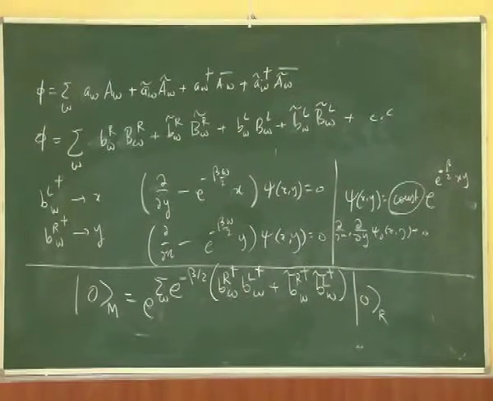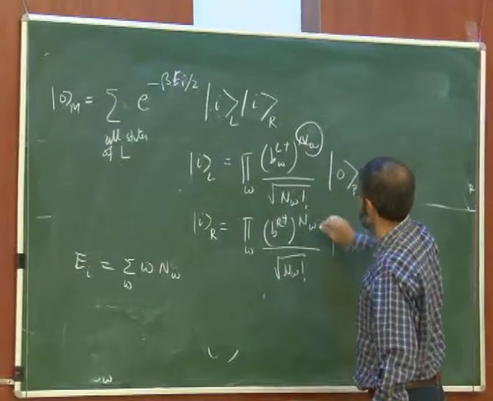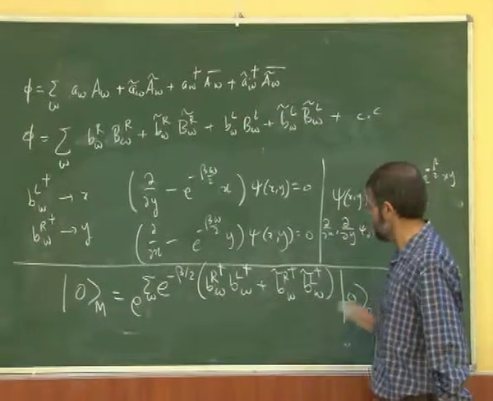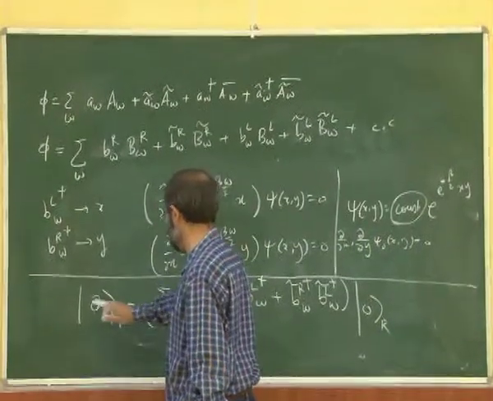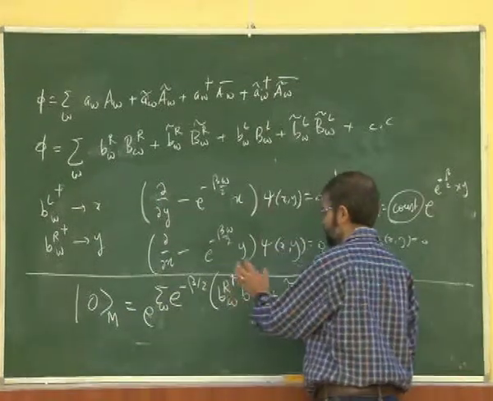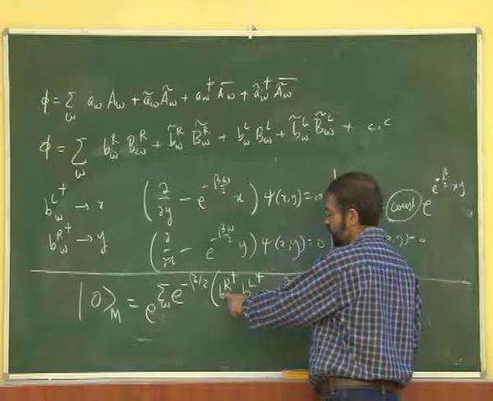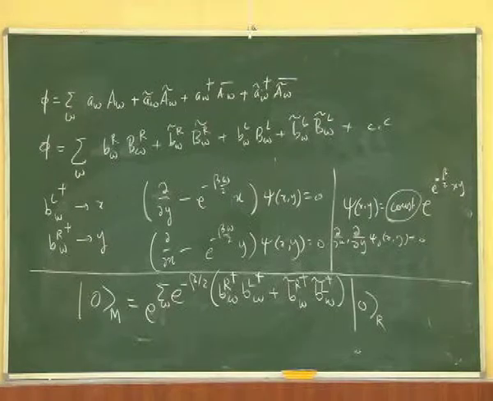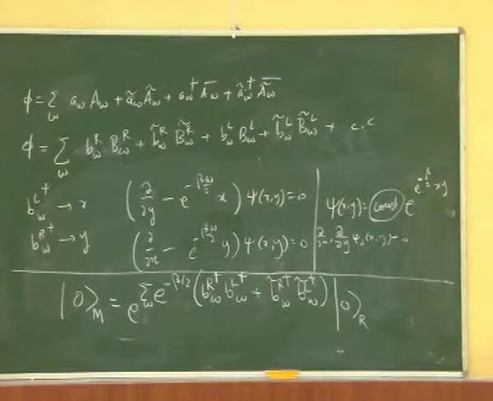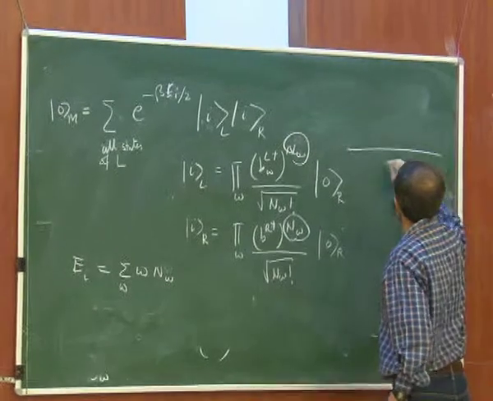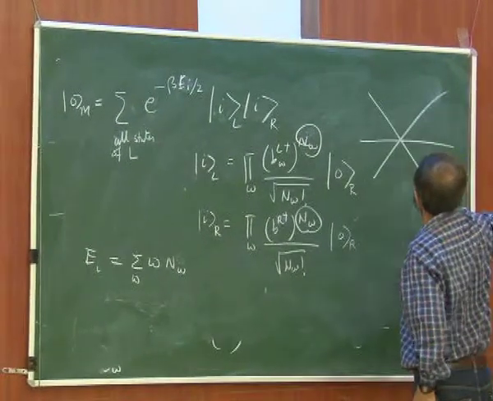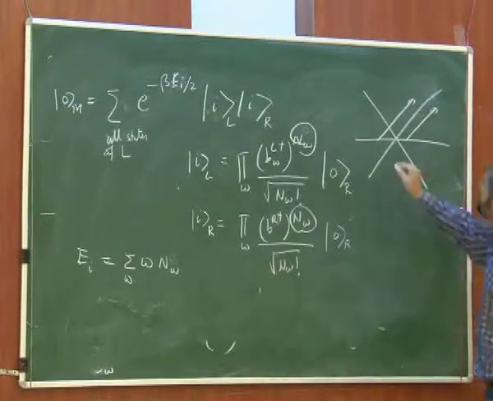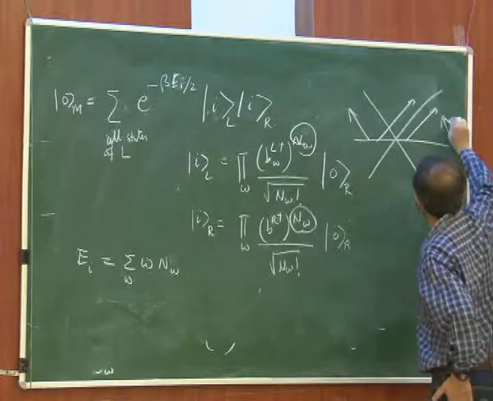So basically, the reason why this guy and this guy are the same is because they are paired equally every time. The Minkowski vacuum is a bath of Rindler oscillators in which the BR modes and the BL modes are all paired all the time, and the BR tilde modes and the BL tilde modes are paired all the time. If this is the horizon, then these two fellows are paired, and these two fellows are paired.